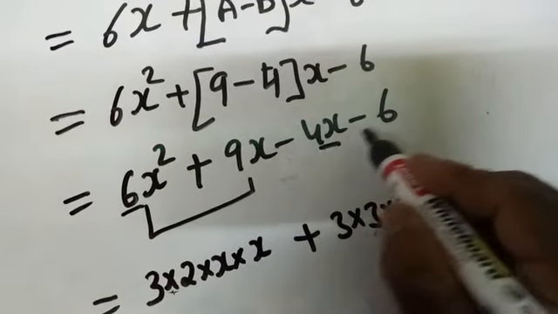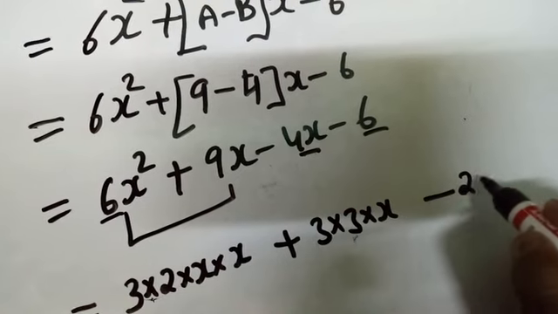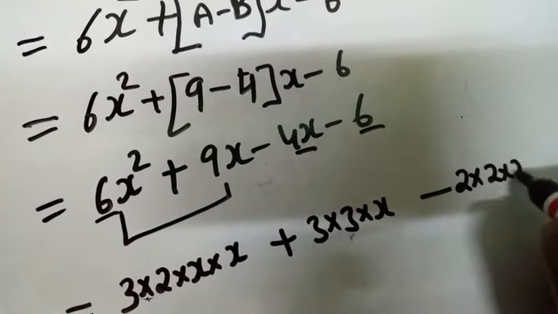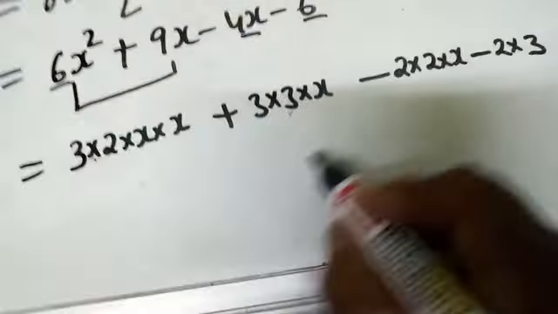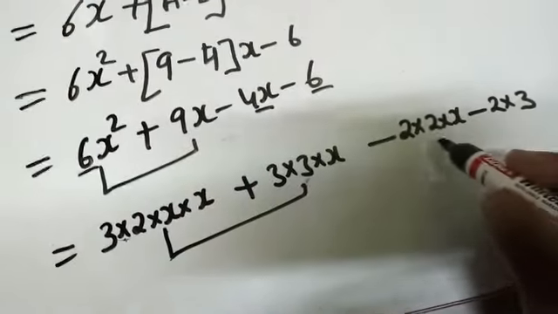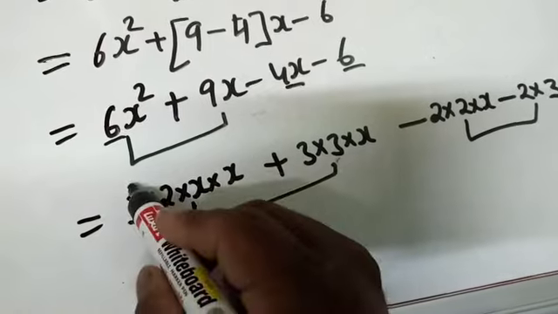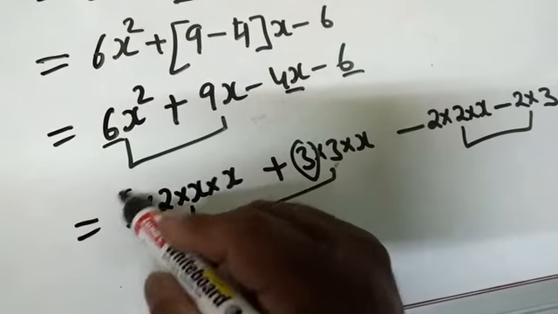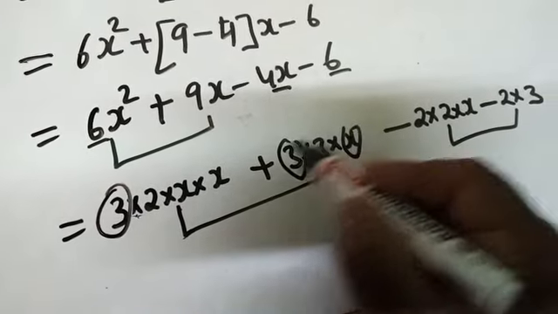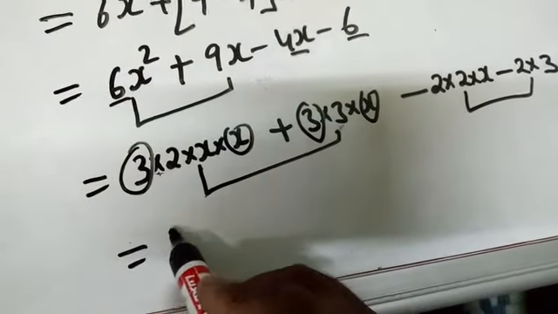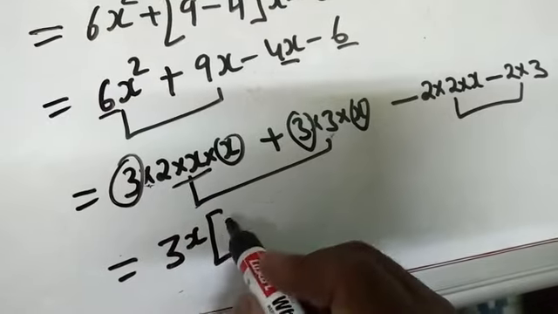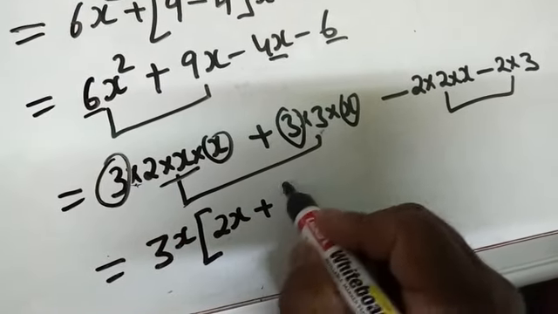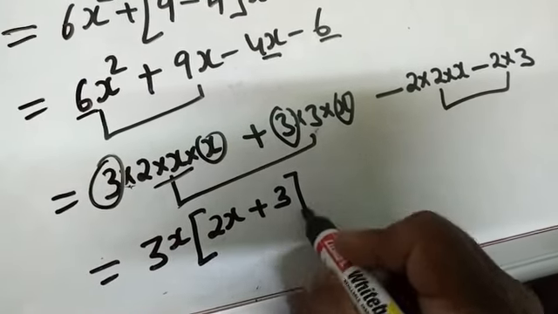Then here 4 and 6, that means 2 into x minus 2 into 3. So for taking common from these two and these two, the common is 3 and 1x and 1x. So we are taking here 3x, and the left thing is 2x plus the left one.